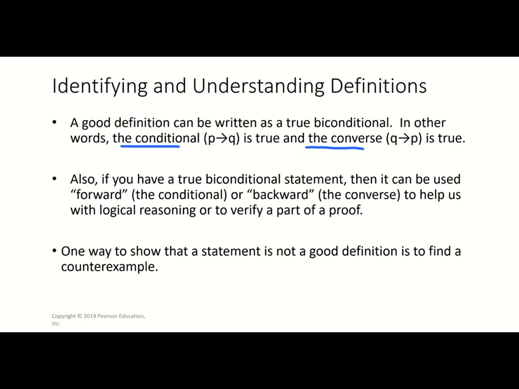If you have a true biconditional statement, so that it can be used forwards or backwards, this can help us with logical reasoning and to verify a part of a proof. And then again, one way to prove that your statement is not a good definition is to find a counterexample.